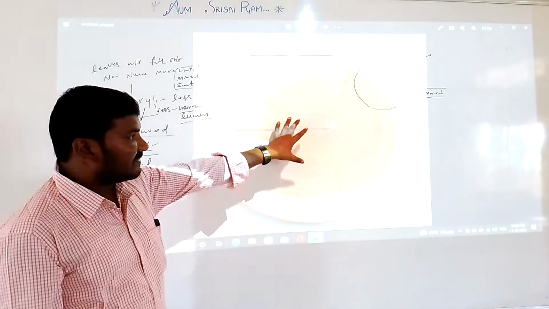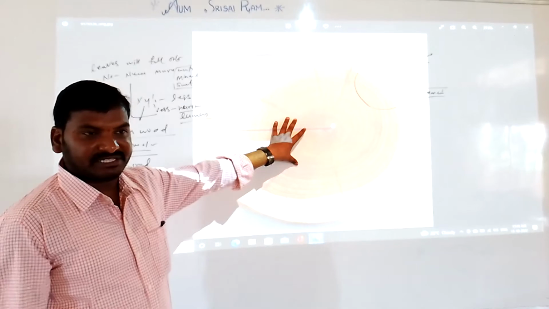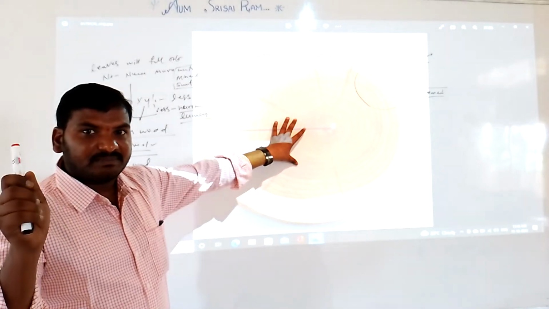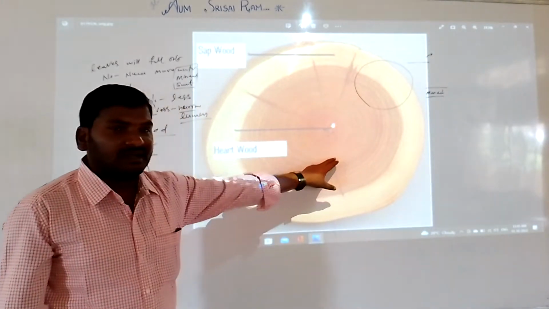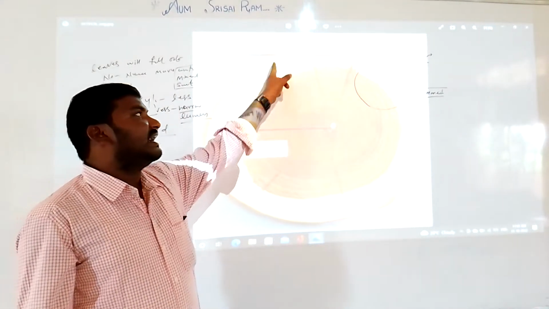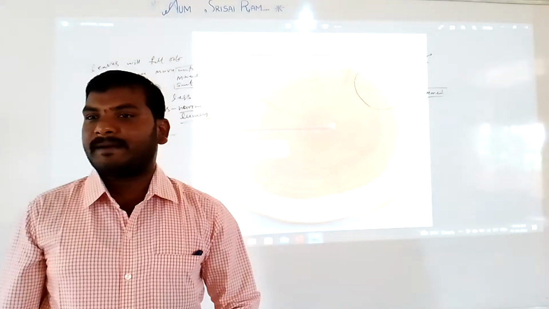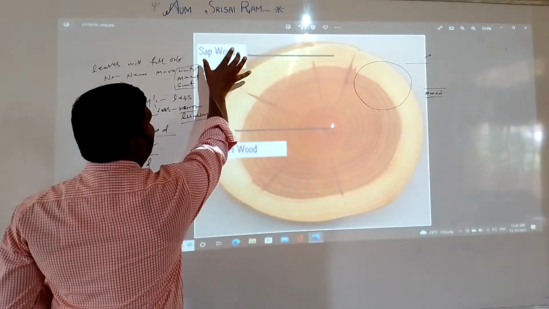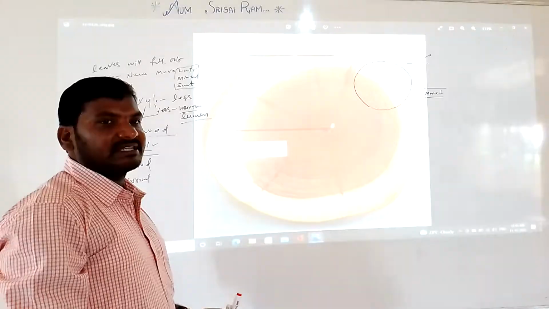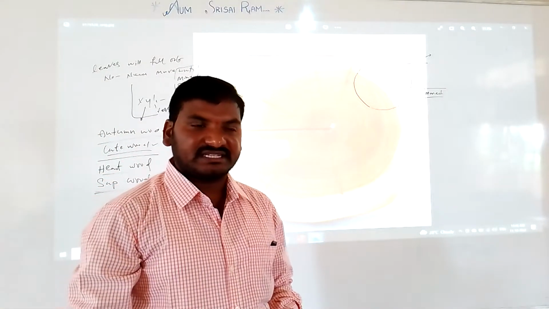When you cut and observe some stem, it is present with the dark color in the center and light color at the side. The dark colored portion is called hardwood, and the light colored portion is called sapwood. Is it clear?